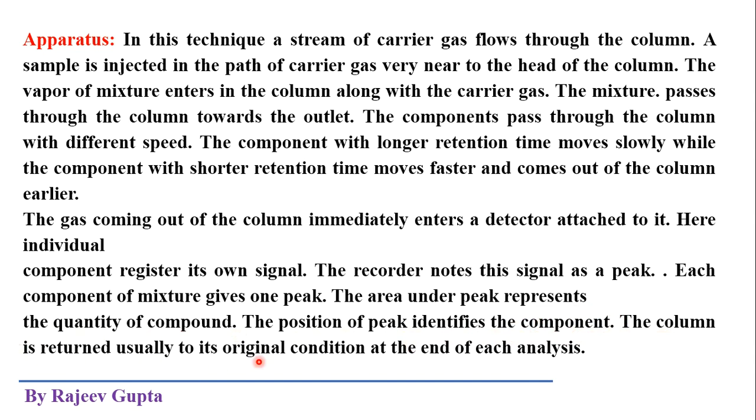The column is usually returned to its original condition at the end of each analysis. When the experiment ends, the instrument returns to its original condition, meaning all the sample immobilized in the liquid stationary phase will be completely removed from the column, and the column becomes pure again, with no impurity or traces of sample remaining after finishing the experiment.